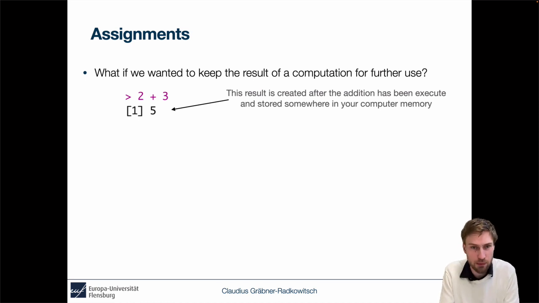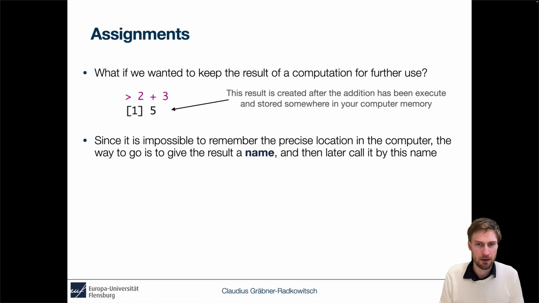It is stored somewhere, but you don't know where. And that's problematic because you can't use it for further computations. Often you want to chain computations. So you want to compute something and do something with the result. And in this case, you can't do it because you're not able to find the result 5 on your computer. Of course, you could tell the computer the precise location on the hard drive where to find it, but that's impossible to process and to remember.